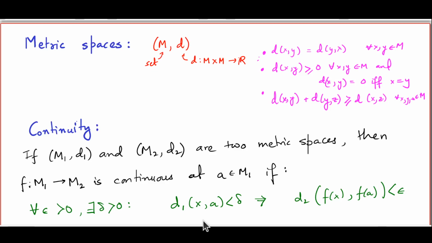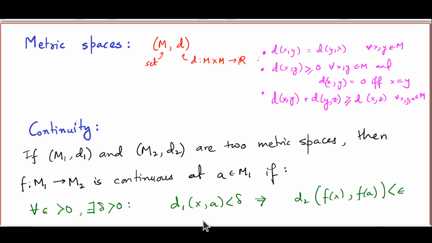For all epsilon greater than 0, there exists delta greater than 0, such that the distance d1 between the points x and a being less than delta will imply the distance d2 between f(x) and f(a) will be less than epsilon. Or in other words, we can keep the function f(x) as close to f(a) as we want by choosing a sufficiently small value of delta, simply by confining x to a very small interval of points close to a.